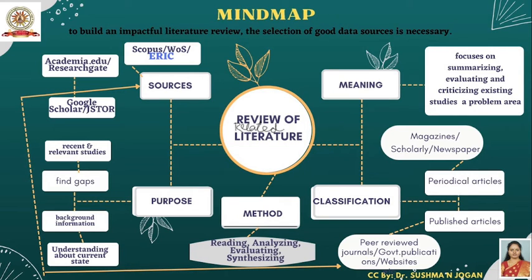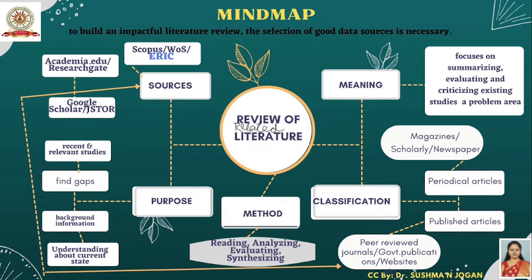And now the next comes how you can write. Well, to write a review of related literature, every researcher or every research guide suggests their own style of writing. So it can be written in a paragraph, that is author, year, and what their study is all about in a paragraph.